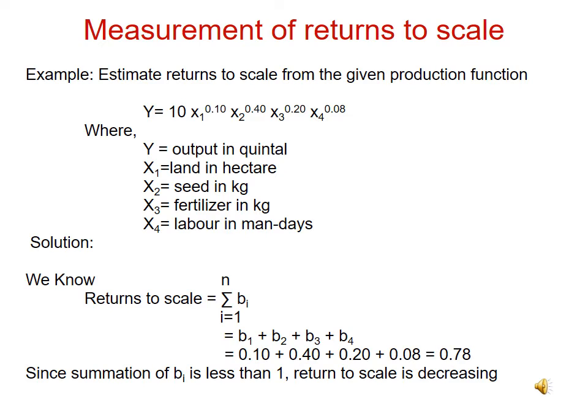So what are the bi values? b1, b2, b3, b4: 0.10 plus 0.40 plus 0.20 plus 0.08. The summation will give the result as 0.78, and since 0.78 is less than 1, we can say that returns to scale in this example is decreasing. So this very easily we can comprehend.